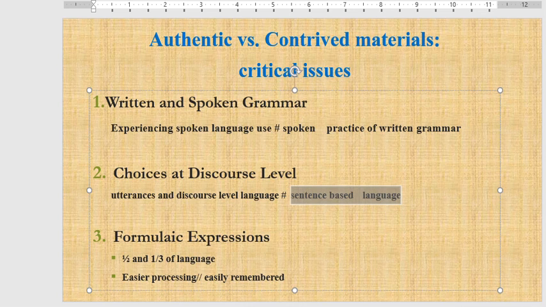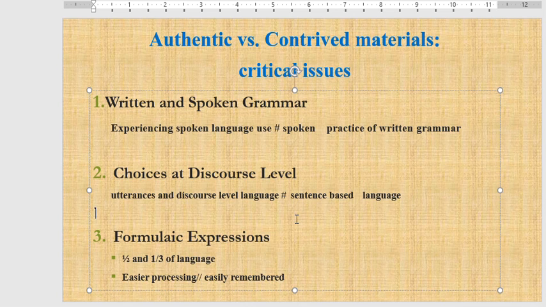So you may produce a single sound, you may produce a single sentence, or two sentences, or a paragraph. All of them are considered as discourse level because they are real. But in contrived materials, like the passages and the text used in Iranian textbooks, they are only sentence-based language.